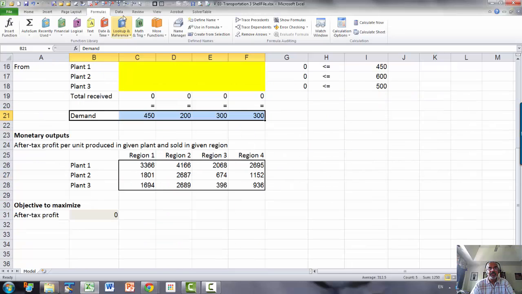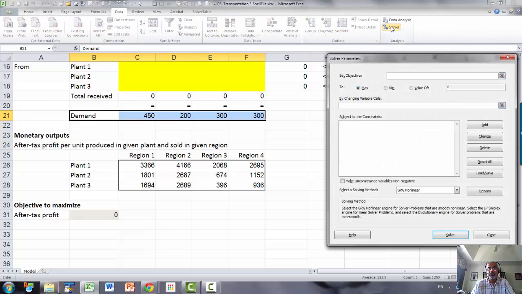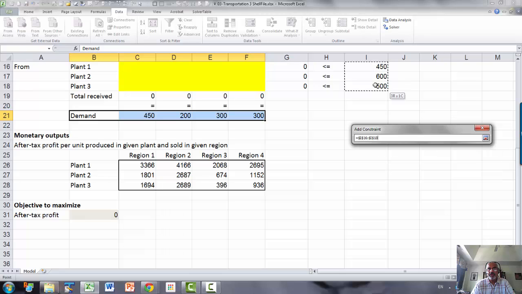Okay, now let's run Solver. We want that to be maximized now. Changing cells, and the constraints are the same as before.